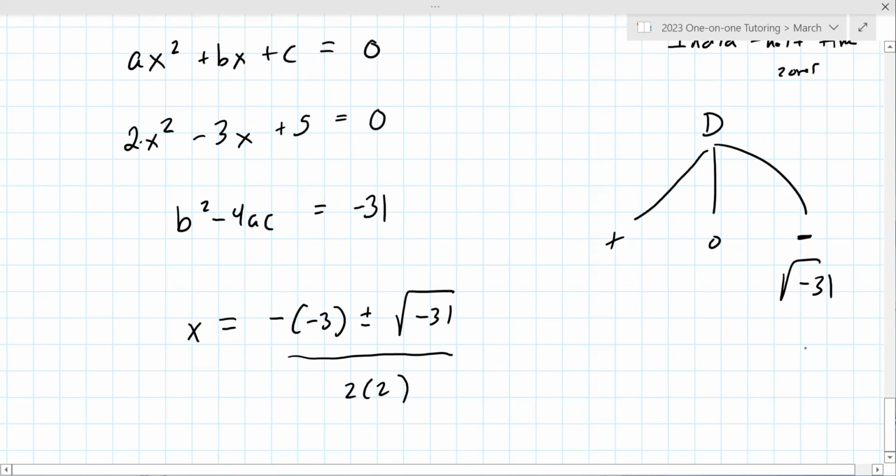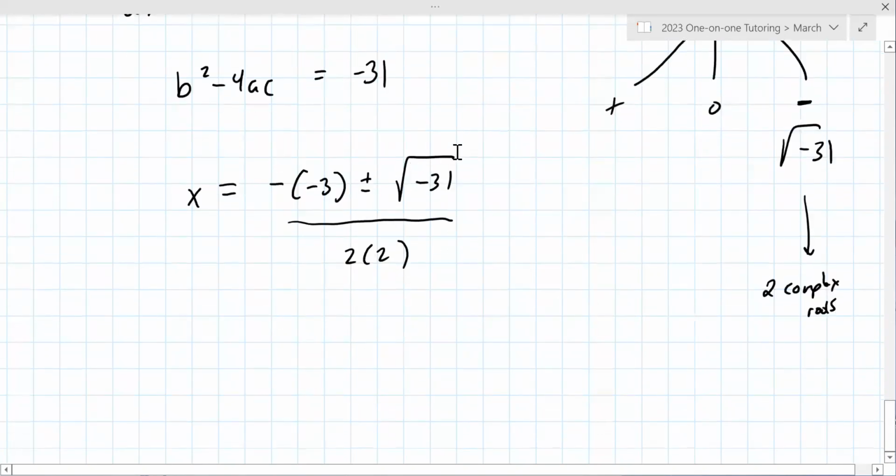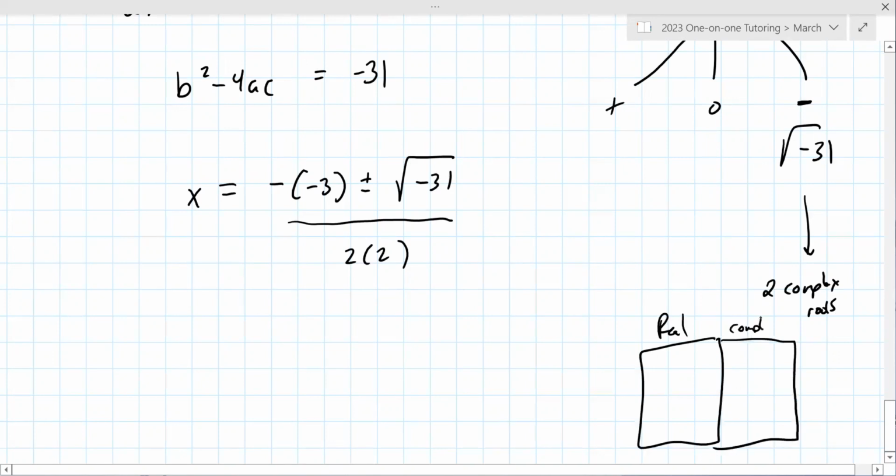This means that there are 2 complex roots, which implies that you know how to rewrite this, meaning in the real domain, this has no meaning, but in the complex domain, there is meaning to this. The real domain is here, and butted up against it is the complex domain with no overlap.